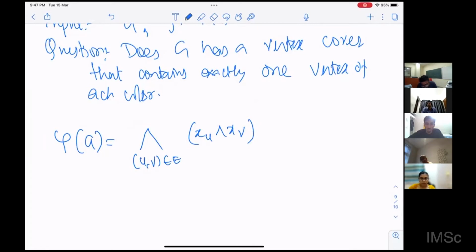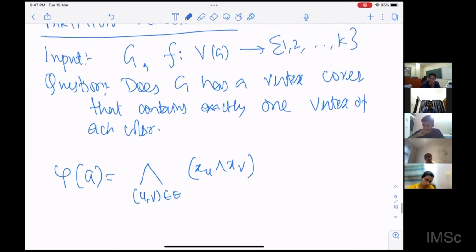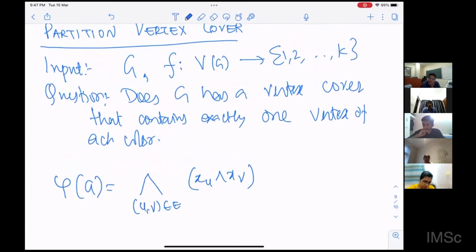Can we do something so that it captures partitionness? Can I add some more clauses and say that if it is satisfiable, then you have a partition vertex cover? Just satisfiability testing. Can you add more clauses?